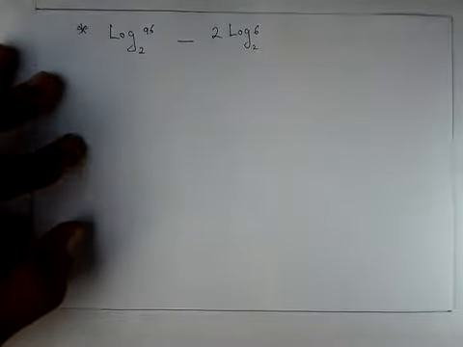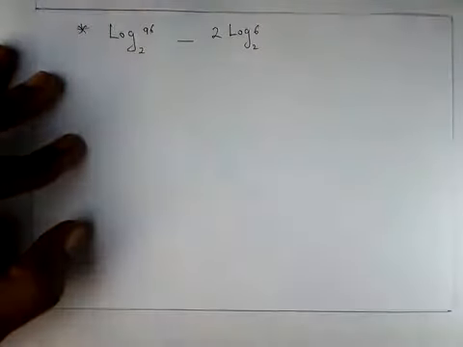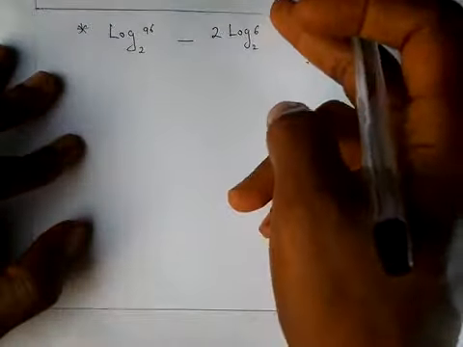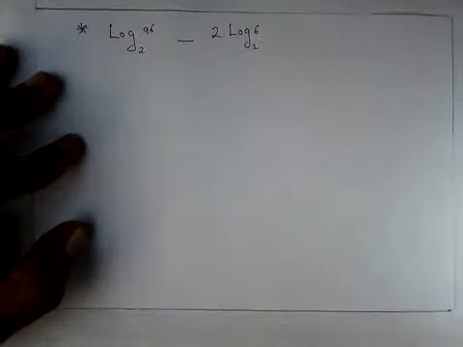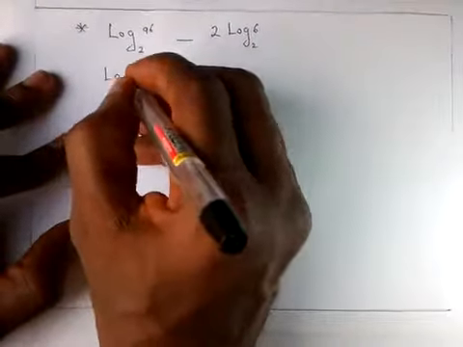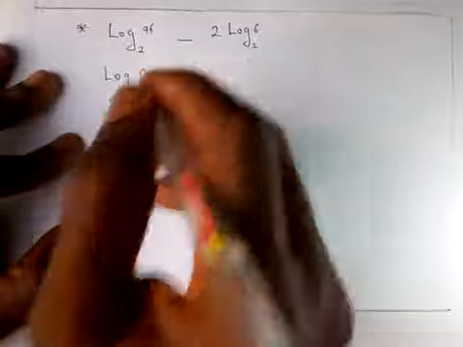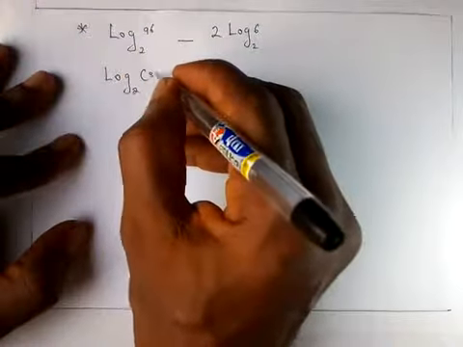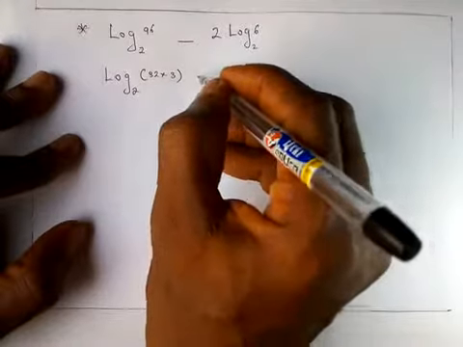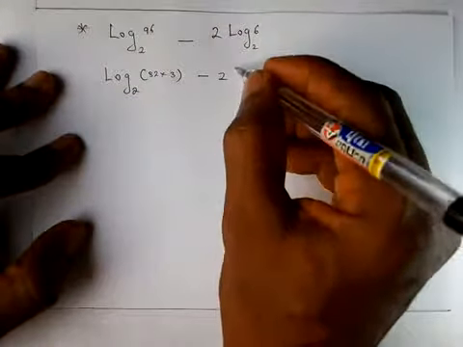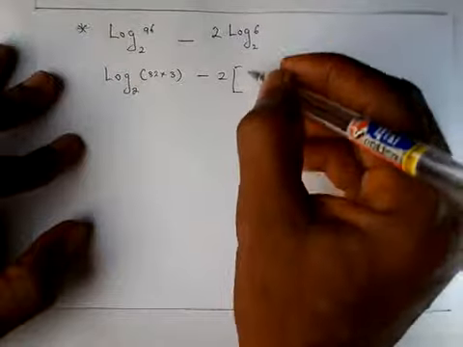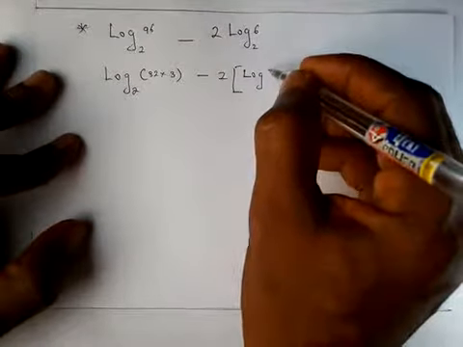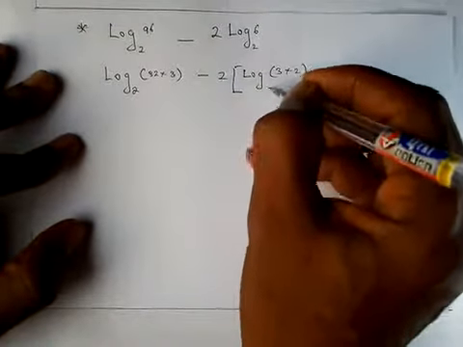Let's proceed. This is going to give us log to base 2. 96 is 32 times 3, minus 2 log 6, which is 3 times 2, to base 2.